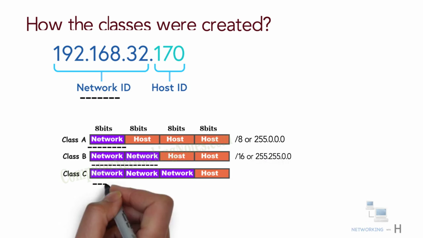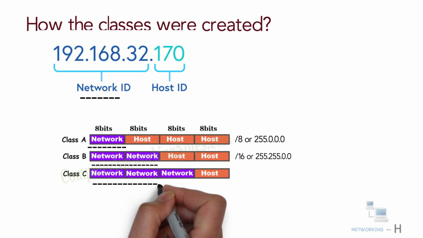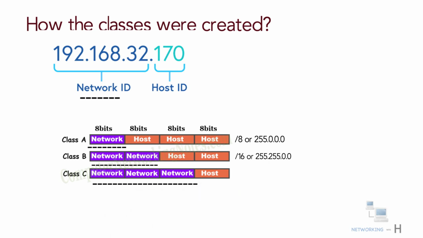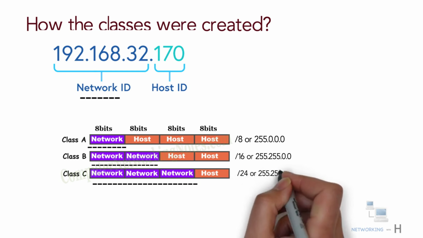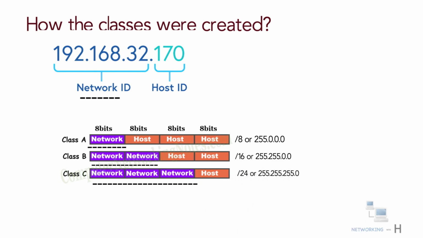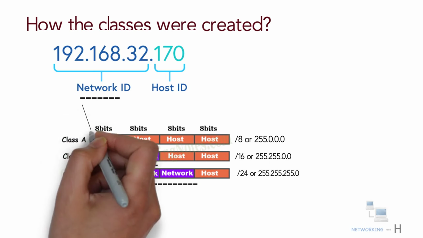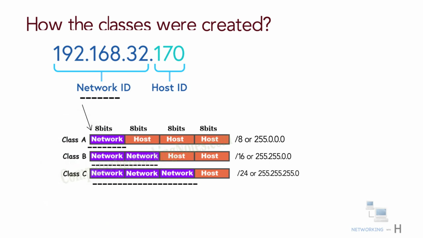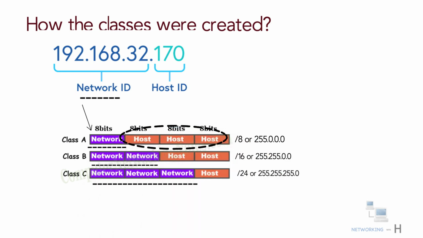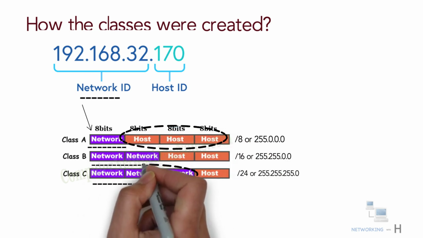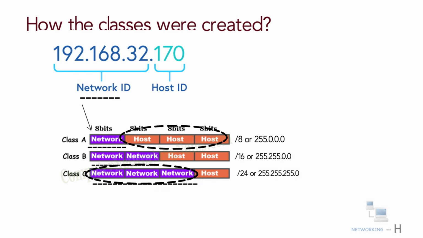In Class C, the first 24 bits are reserved for the network address, which gives you the subnet mask of /24 or 255.255.255.0. For example, for a small number of networks with a large number of hosts, Class A was created. Class C was created for numerous networks with a small number of hosts.